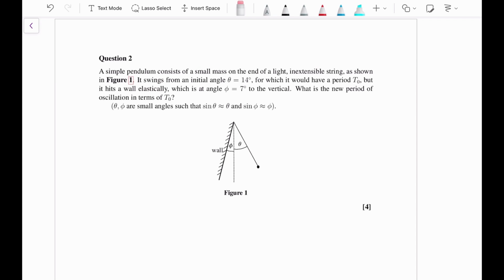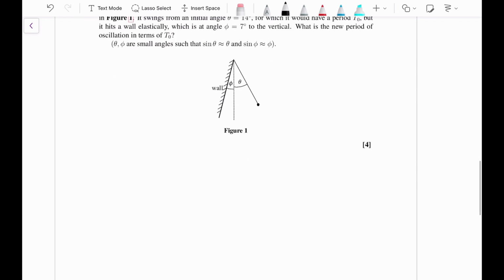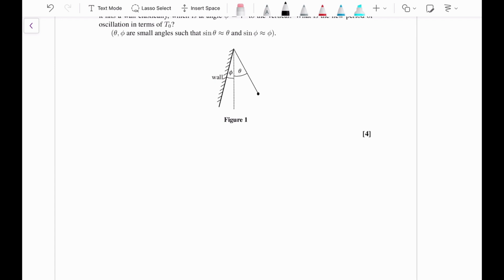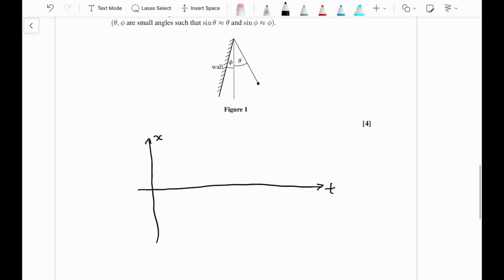My idea is that we can first start off with a graph of displacement against time to see what exactly is happening. This is the displacement axis, and this is the time axis. We can take the right side as the positive side, so it will start at the top and go like this.